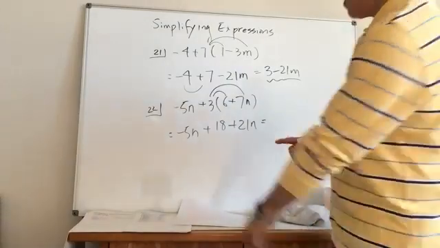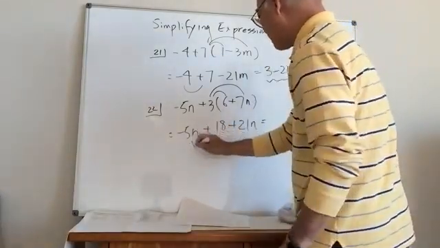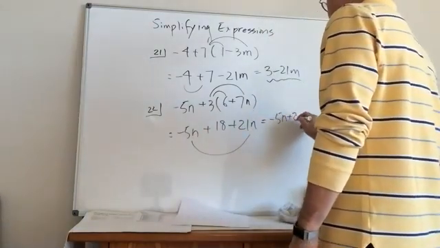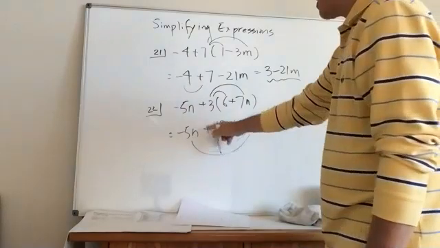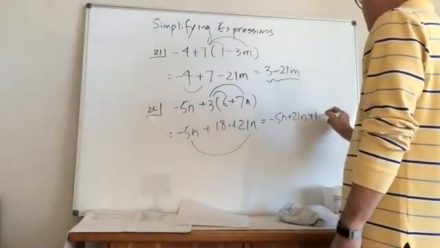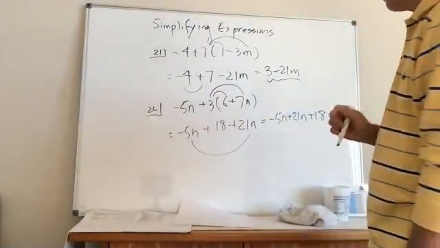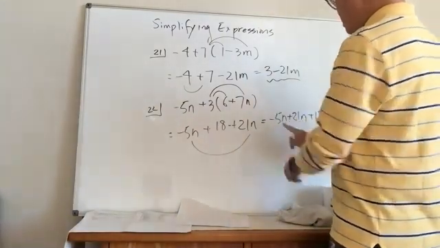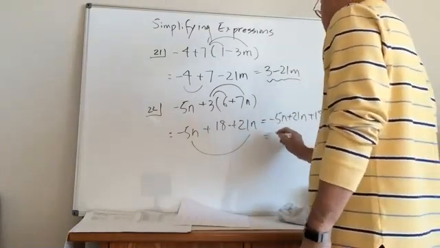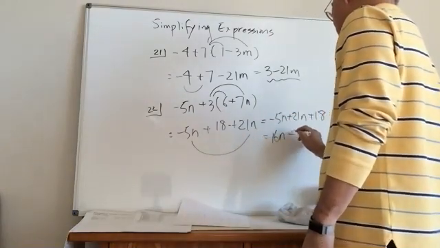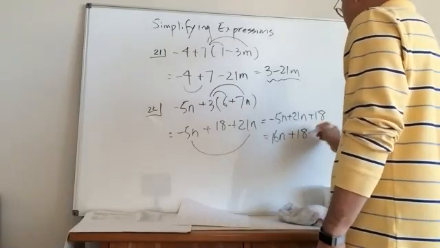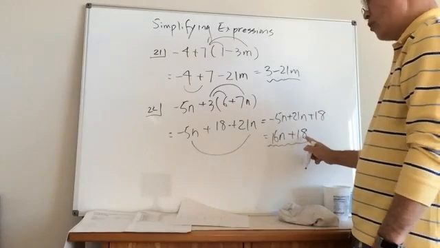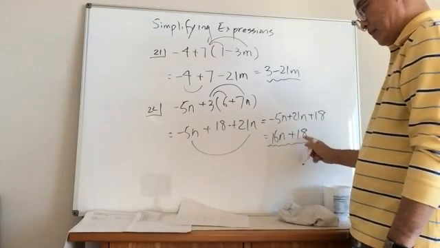So what I have here, I have an n here and I have an n here, so I can combine these two together. I have -5n plus 21n, then I have this guy all by itself. So -5 plus 21 is 16n. Plus the 18 just comes down from here. And I'm done because I have an n here, no n's here. Okay?